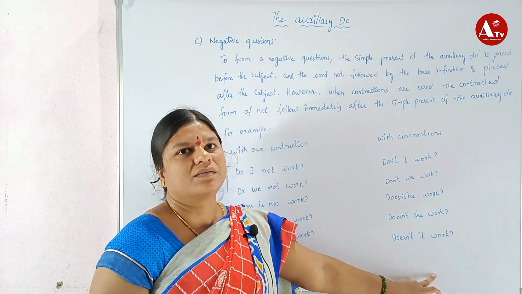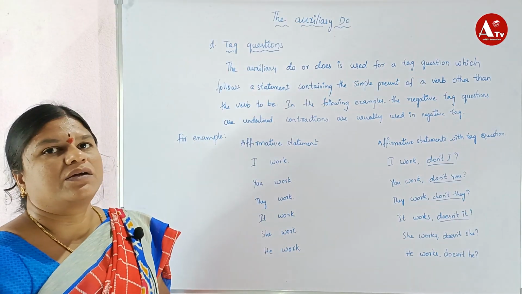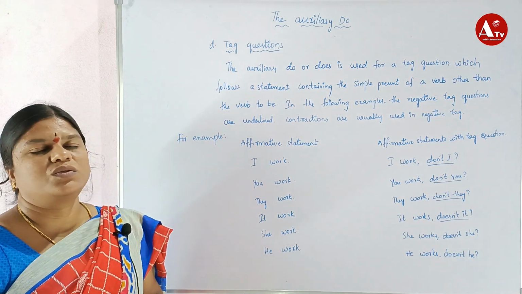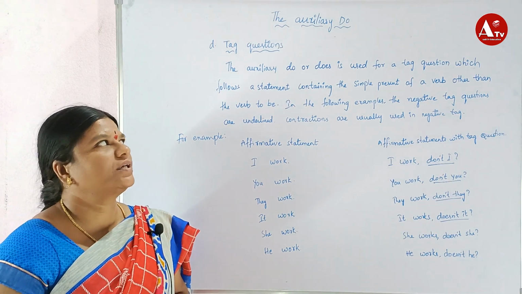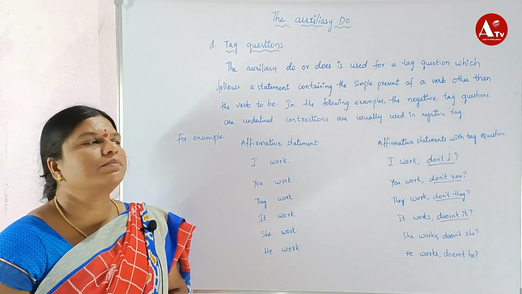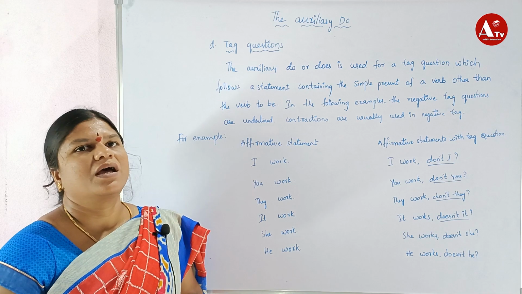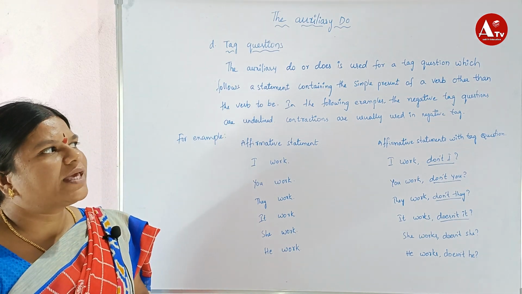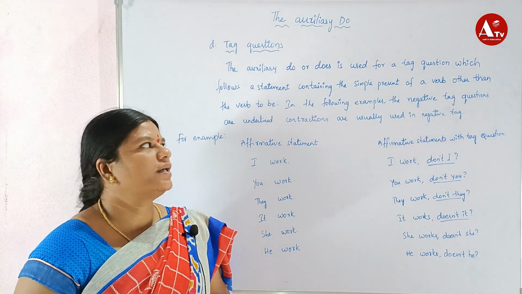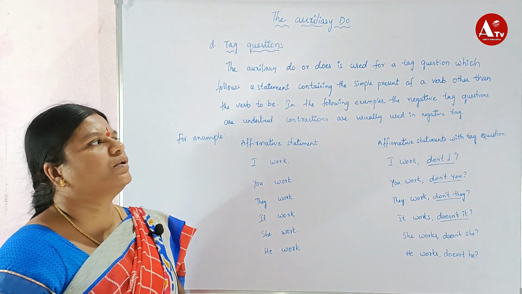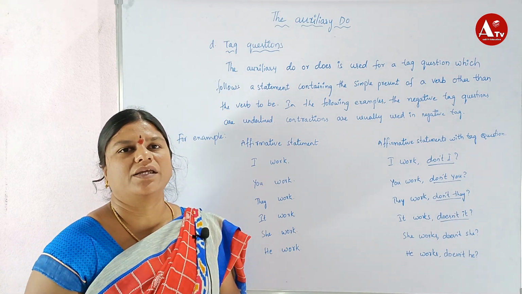Tag questions. The auxiliary do or does is used for a tag question which follows a statement consisting of the simple present of a verb other than the verb to be. In the following examples, the negative question tag is underlined. Contractions are usually used in the negative tag.